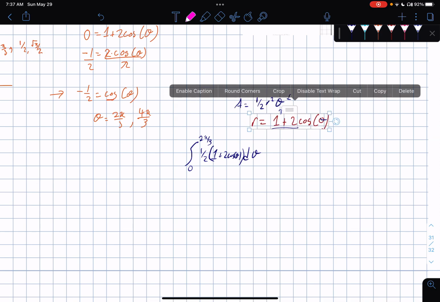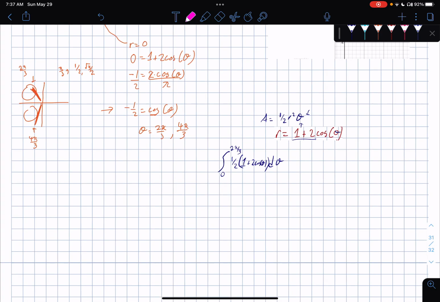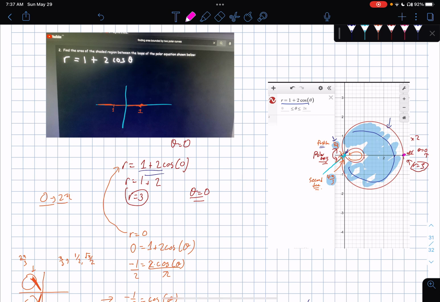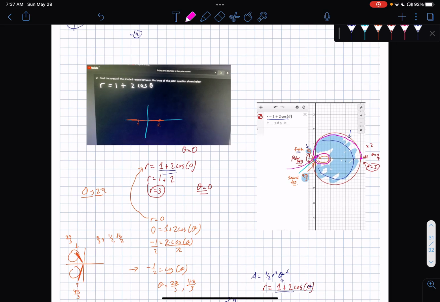But notice that I'm only getting the area from here all the way to here, neglecting the fact that I have a loop-de-loop here, and I don't really want this area. Right now I'm including that area.